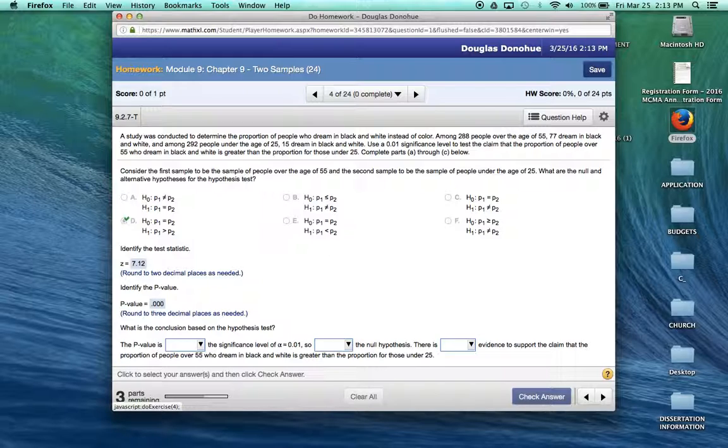And since we are rejecting the null, that means we are embracing the claim, which was our alternative hypothesis. So the p-value is less than the significance level, so we reject the null hypothesis, which means that we do have evidence to support the claim, since the claim was our alternative hypothesis.